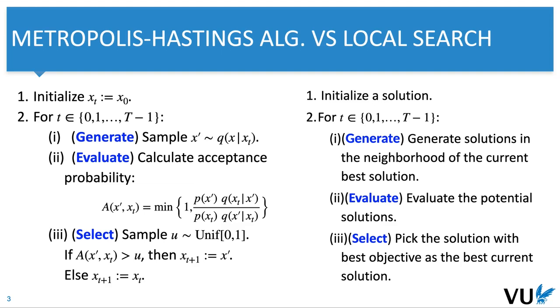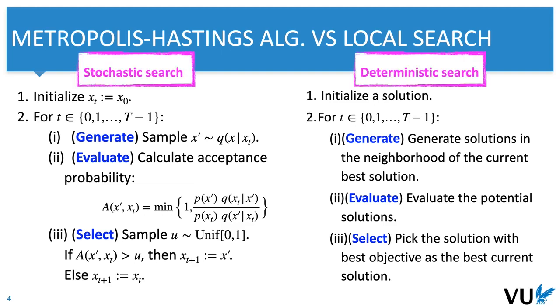Now if you look at these 2 algorithms, we see that Metropolis Hastings, of course, is stochastic in nature, random in nature. So this is stochastic search, right? And the local search is deterministic. Of course we may have a sampling procedure in generating, but in general, we can specify it as fully deterministic. There is no stochastic selection or anything like that.